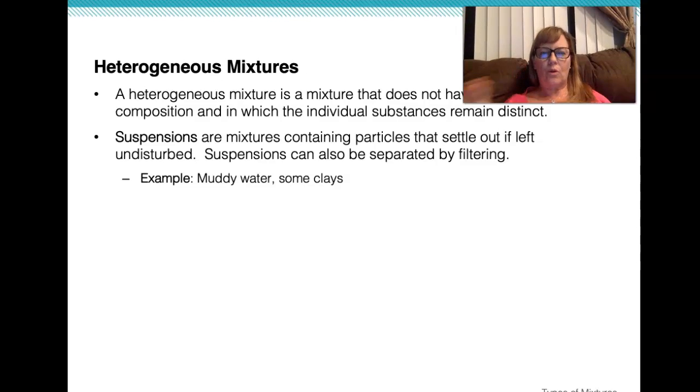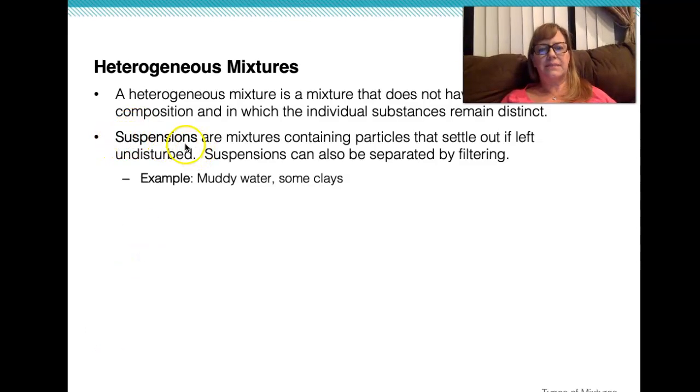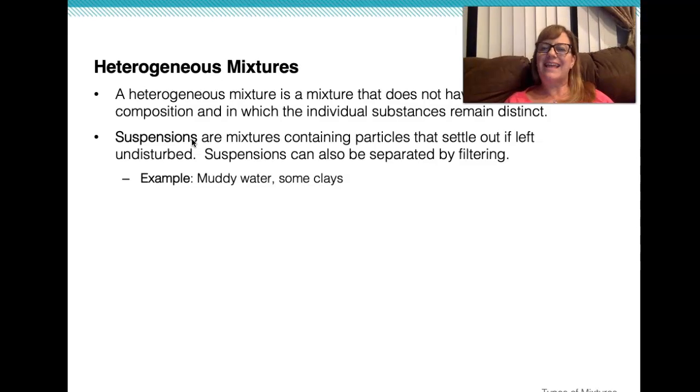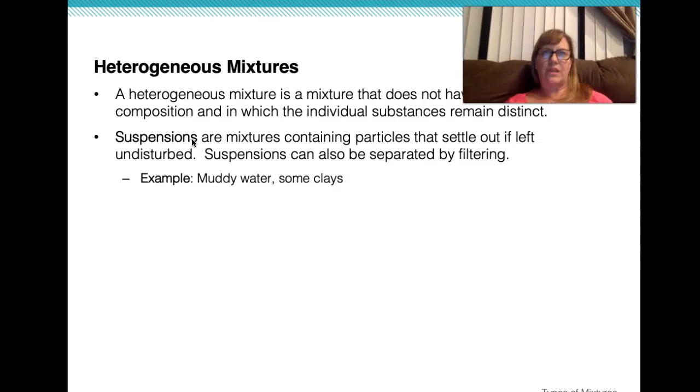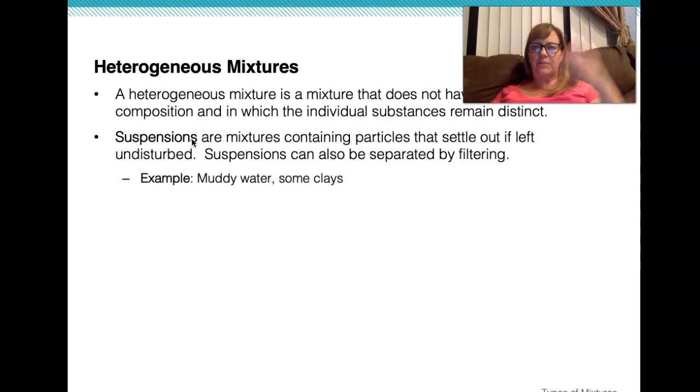So one of the types of heterogeneous mixtures that we're going to focus on is what's called a suspension. A suspension is just defined as mixtures containing particles that settle out if left undisturbed. So this is things like Italian salad dressing. If you think of Italian salad dressing in a bottle in your fridge, every time you pull it out to put on your salad, you got to shake it up.